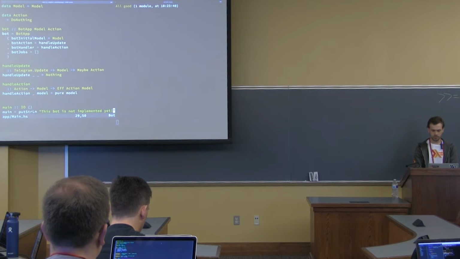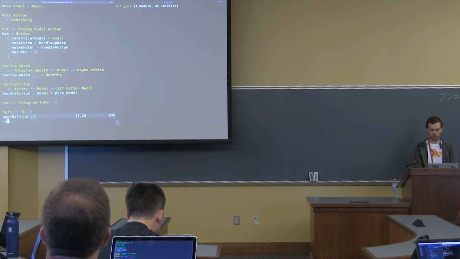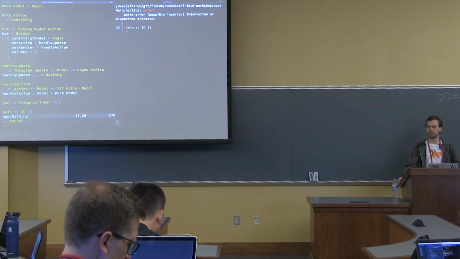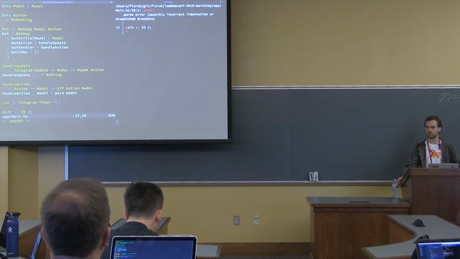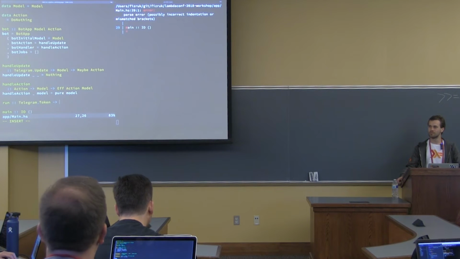Now of course we want to run this. To run this we will create a function run that will take a Telegram token. You remember that to actually run your bot you have to access it using a Telegram token that you probably have already created using the botfather bot. Have you?